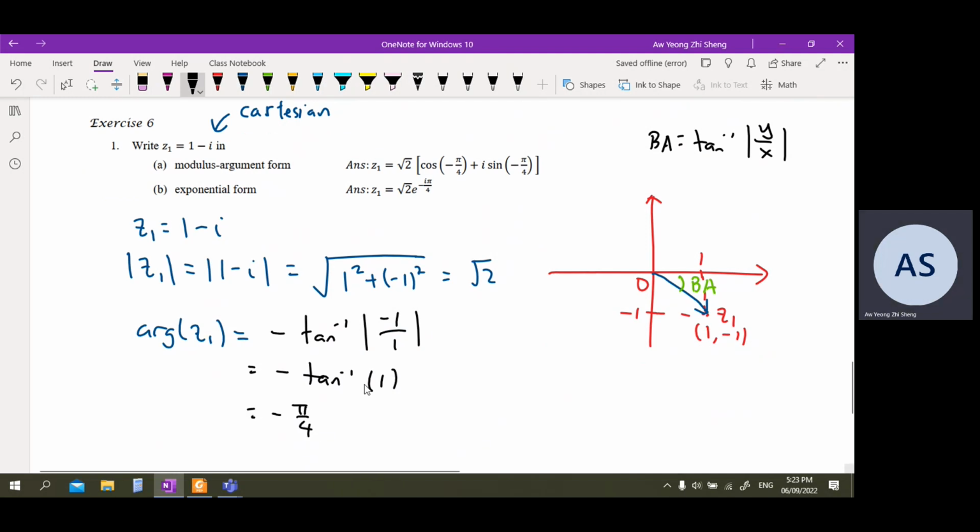Once you have your information r and theta, you don't really need to write out the letter r and the symbol theta. As long as you calculate the modulus, it will be understood as the r, and the argument will be understood as the theta.